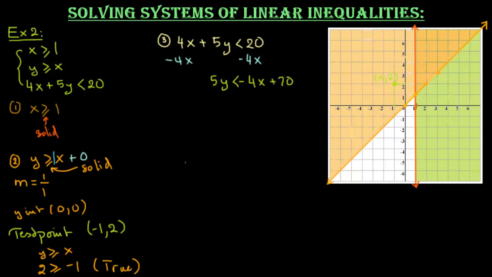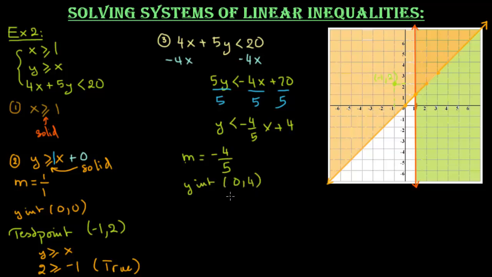And we divide by 5 on all terms. We will have y less than negative 4/5 x plus 4. Then my slope will be negative 4 over 5 and my y-intercept will be 0, 4.